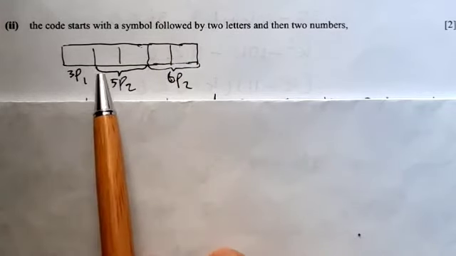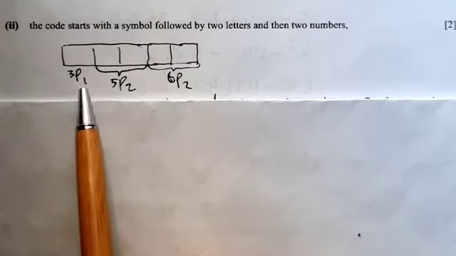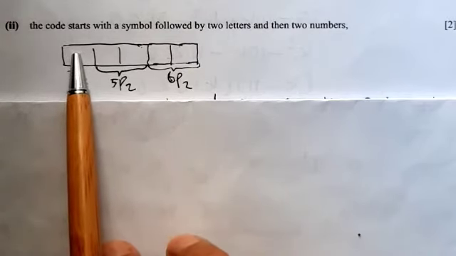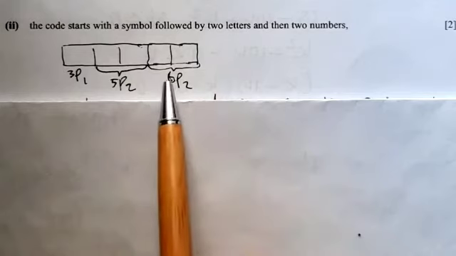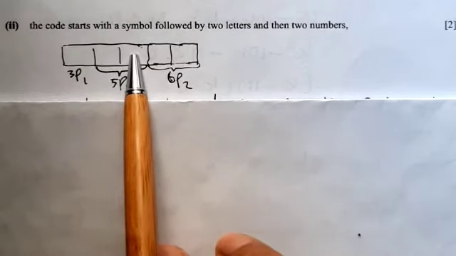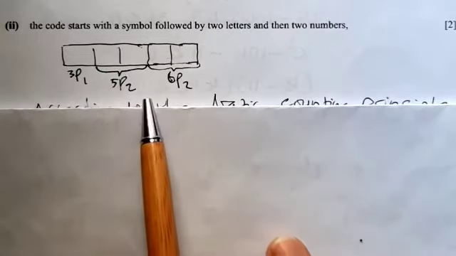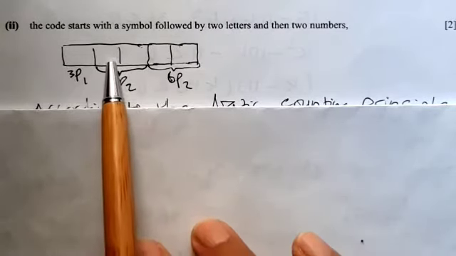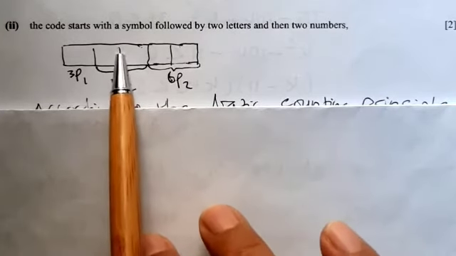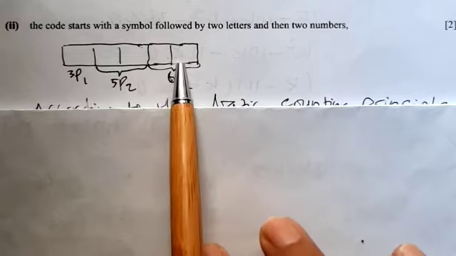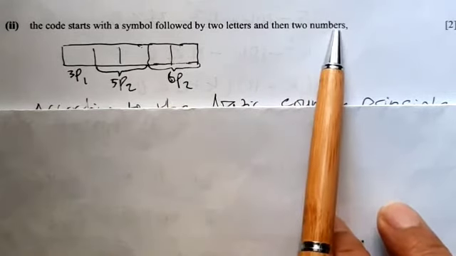Thus, in total, there are 3 permutation 1 ways for the first position, followed by 2 letters, here and here. In total, there are 5 letters. Thus, there are 5 permutation 2 for these positions, and then the last 2 positions are 2 numbers.